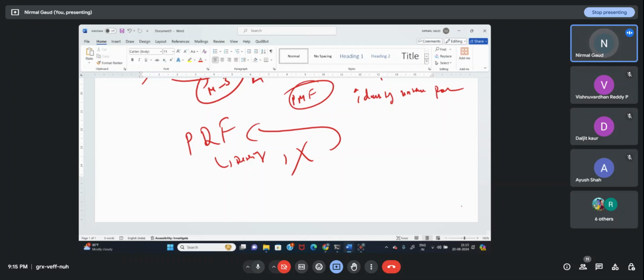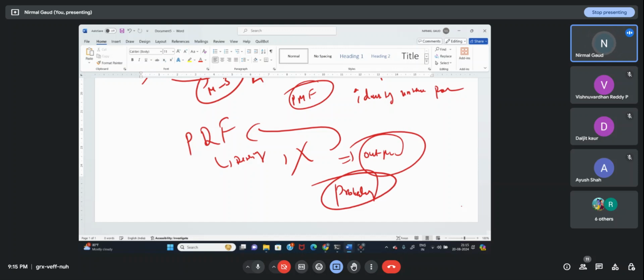It may take any value in a range of values, any value defined under this function, and it will produce an output. Obviously, probability, because we are getting probabilistic output only.